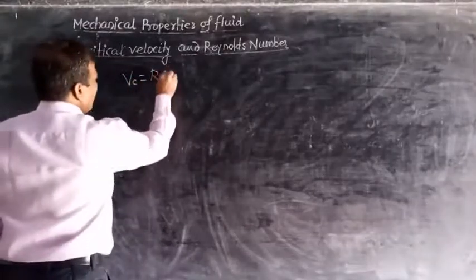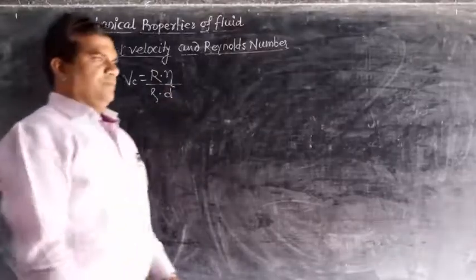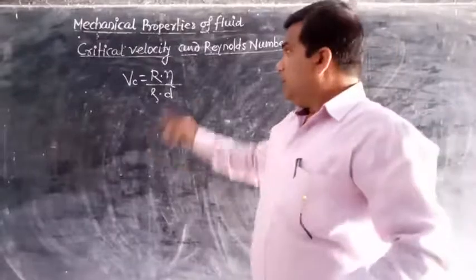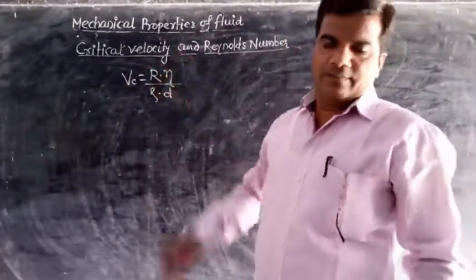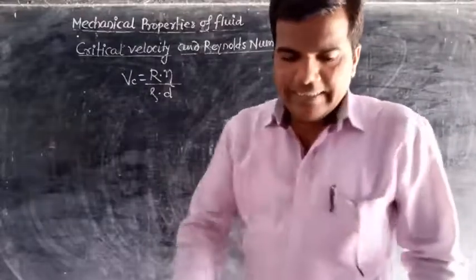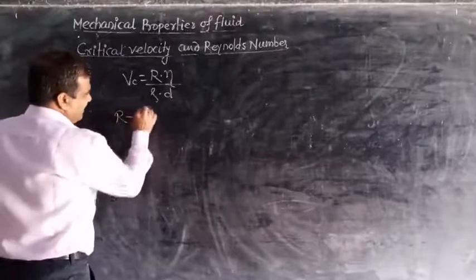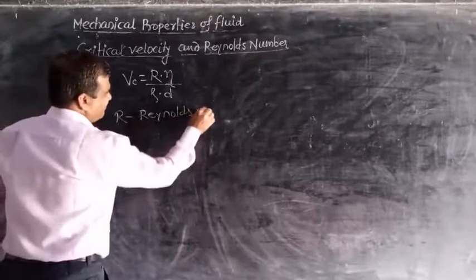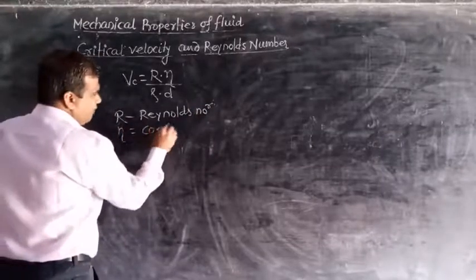R into eta upon rho into small d. This Vc stands for critical velocity. This capital R is Reynolds number. Rho is the density of liquid. Eta is the coefficient of viscosity.